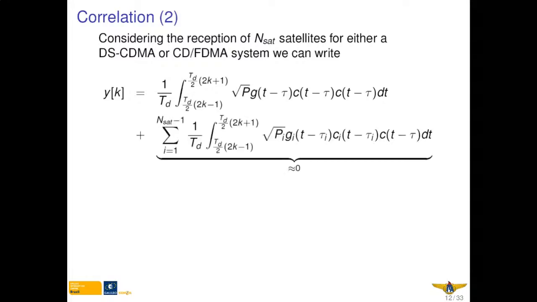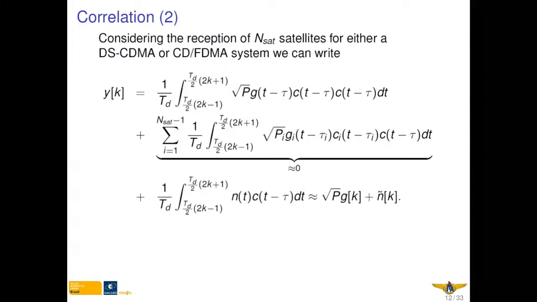And then we correlate with all the other i equals 1 to N_sat minus 1 satellites that we also receive in the same band, but they are using different codes. And the correlation between c and any c_i usually is very, very small. The codes are designed to minimize this interference, which is here now the intra-system multiple access interference. And this term can be considered quite small, so approximately 0.